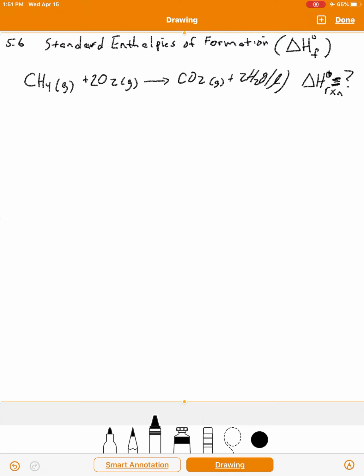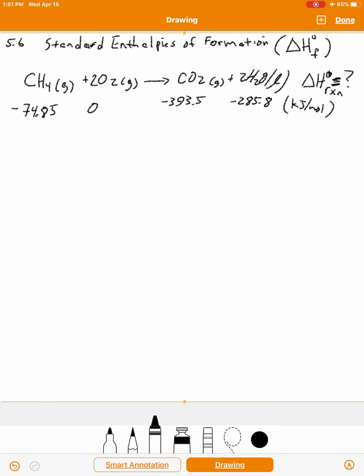We go to that Appendix 2 or to some table, and you look up the values of their heats of formation. So I'm rewriting these ones that we just had a little bit earlier. These are all in kilojoules per mole, right?